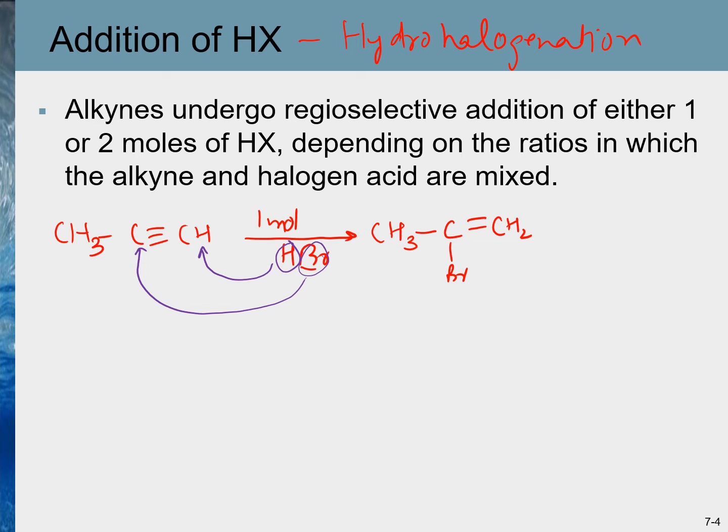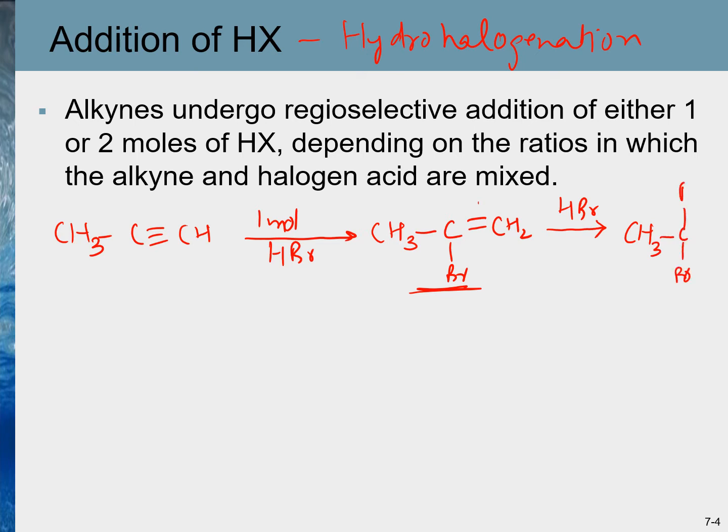However, if instead of 1 mole we start the reaction with 2 moles of HBr, then the product obtained in the first step will continue one more hydrohalogenation step, and in this step one additional pi bond will break and we will get another Markovnikov's addition product which will give rise to a dibromoalkane.